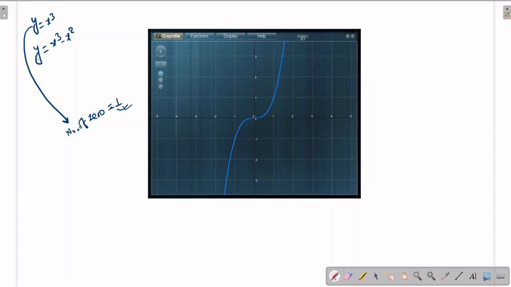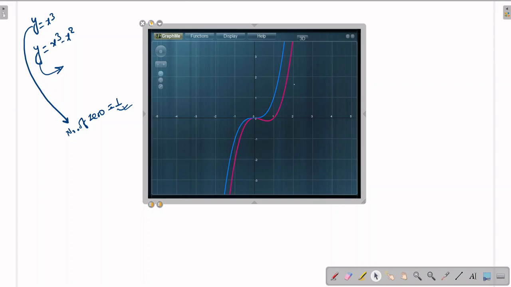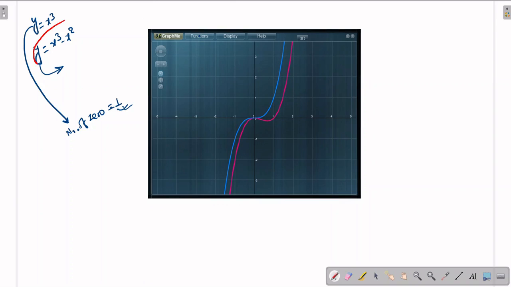Now let's try to plot this time the function y is equal to x cube minus x square. Now here I will define x cube minus x square. This red one, or whatever color you say, is the graph of y is equal to x cube minus x square.